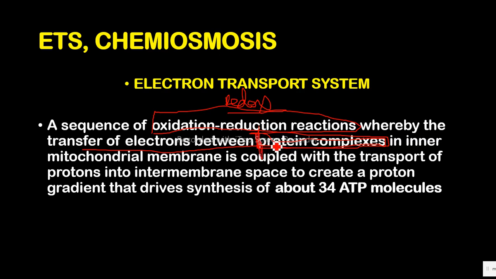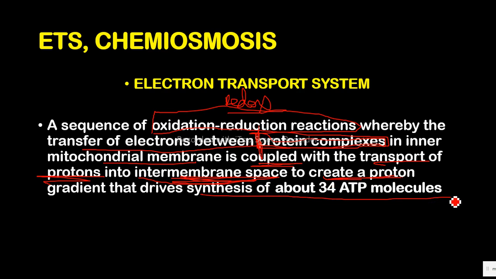So the transfer of electrons between the protein molecules in the inner membrane of the mitochondrion is coupled with the transport of protons, of hydrogen ions, into the intermembrane space, to create a proton potential gradient that drives the synthesis of ATP by ATP synthase.